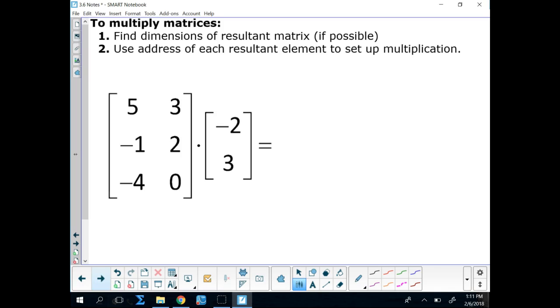So I've got a 3 by 2 times a 2 by 1. Is it possible? Why? Middle numbers are the same. So my result is going to be what size? 3 by 1.